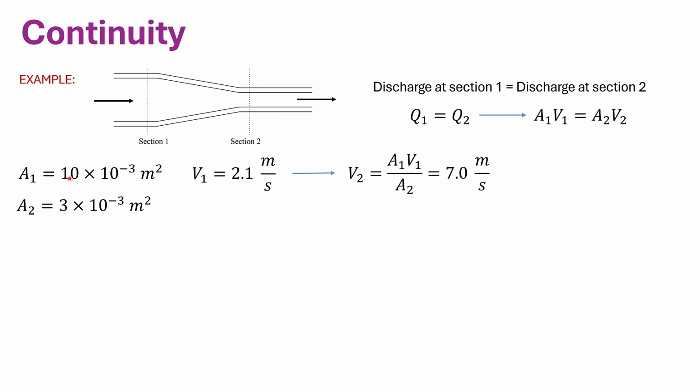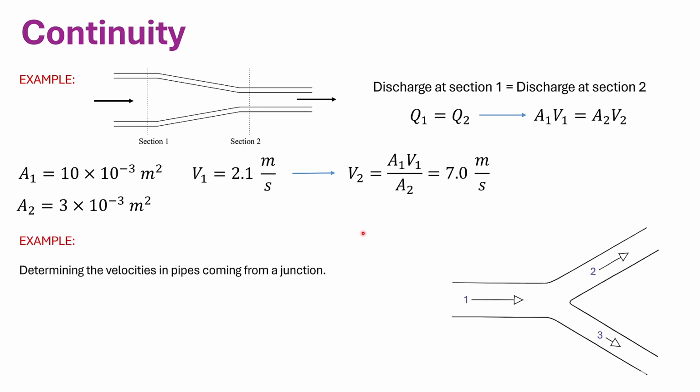So using these three known values, we can find V2, velocity at this point, which is A1 V1 divided by A2. So that equals 7 meters per second. So at this section, where the cross section was larger, the velocity was 2.1. And as a result of this contraction, the velocity increases to 7 meters per second. And we found that based on the continuity equation.